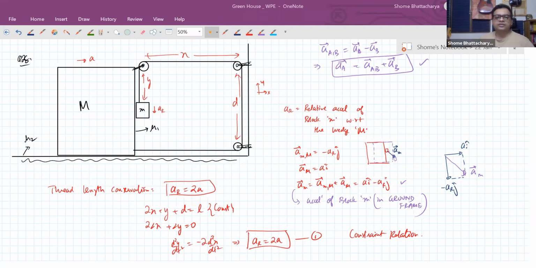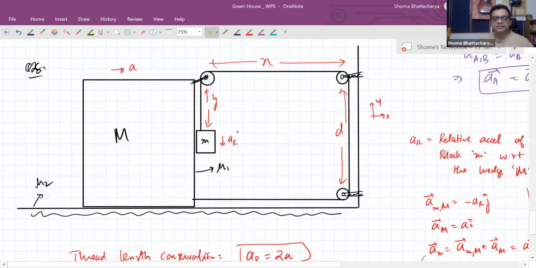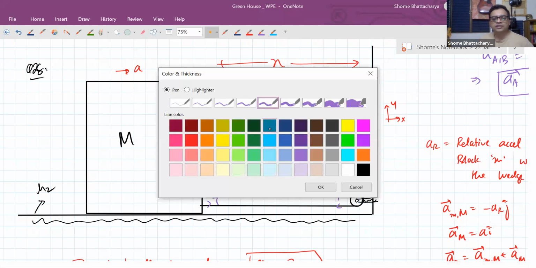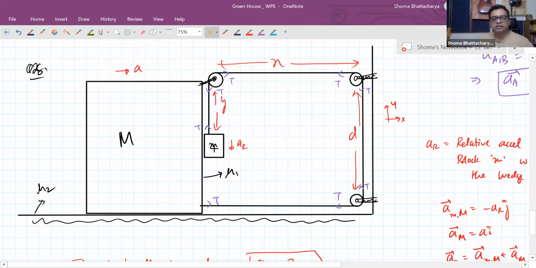Okay. Now let's get into free body diagram. Now before we get into free body diagram, let's try to analyze the forces in this diagram itself. So you can see that there is a uniform tension acting everywhere through the thread. So be very certain how we are taking that tension everywhere, because that will count in the free body diagram. So there's tension like this. Okay. Then what is also happening is that the larger block is pushing the smaller block with some normal reaction here.